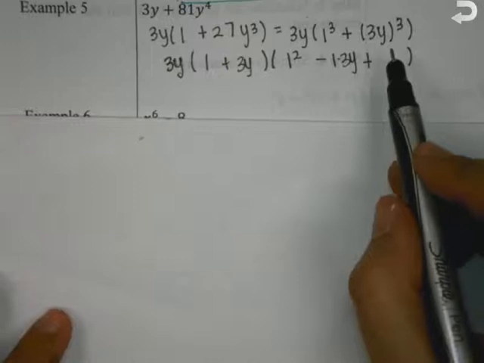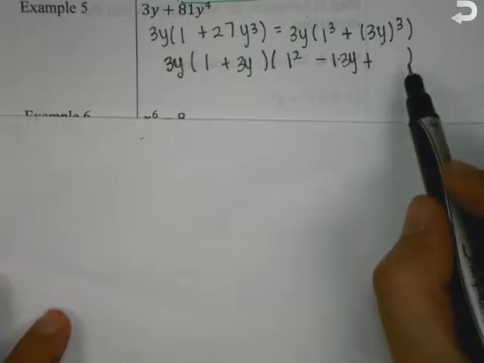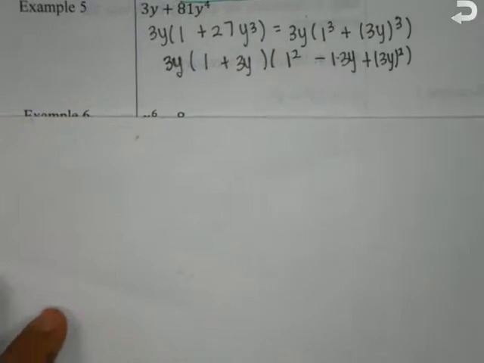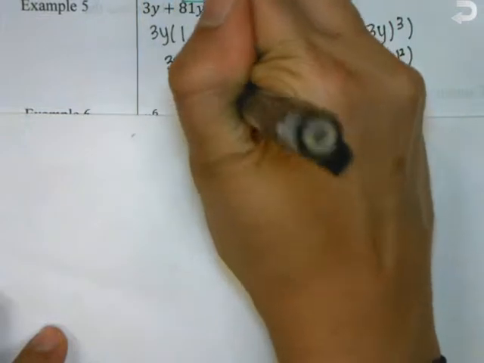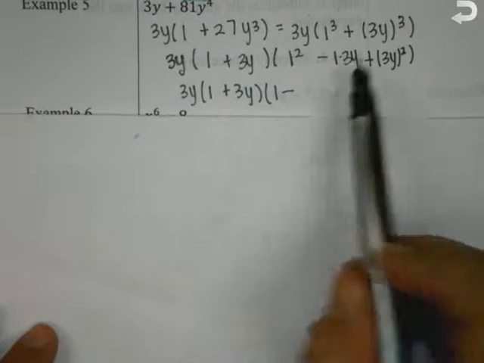It's 3y squared. Make sure 3y is in parentheses, okay? Okay, let's simplify. So we get 3y times 1 plus 3y, 1 squared gives me 1 minus 1 times 3y, 3y, plus 3y squared, plus 9y squared.